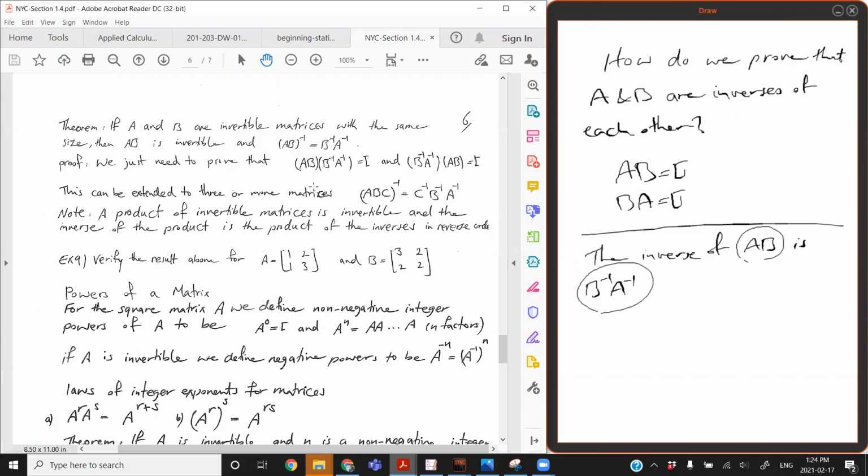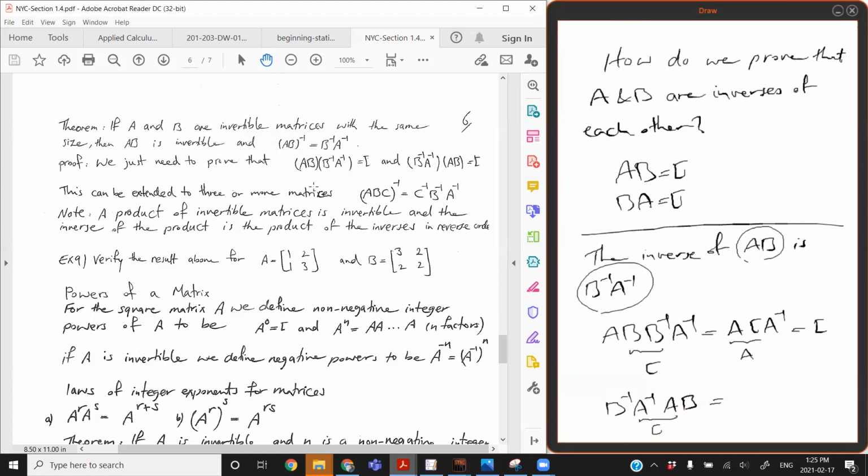Yes? And it's very easy to prove, because if I multiply AB by B inverse A inverse, this middle part is going to be I. So I get A times A inverse, which is I. I can also do it in the other order, B inverse times A inverse times AB.